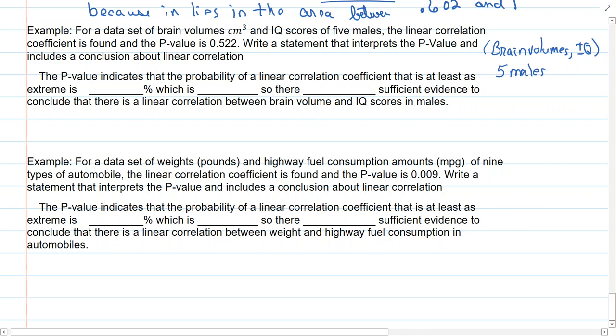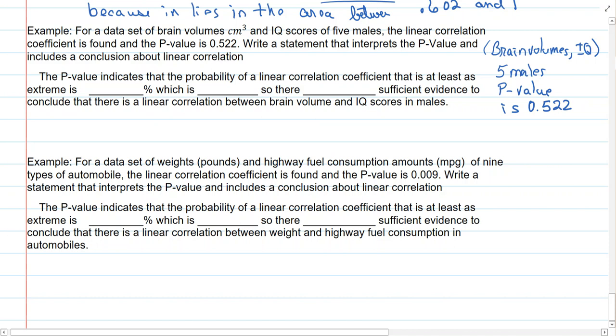The linear correlation coefficient is found, and the p-value is 0.522. Write the statement that interprets the p-value.